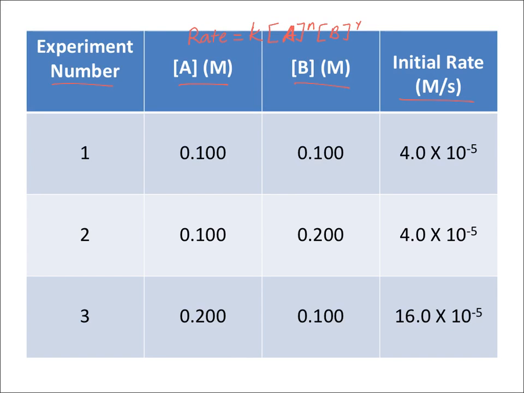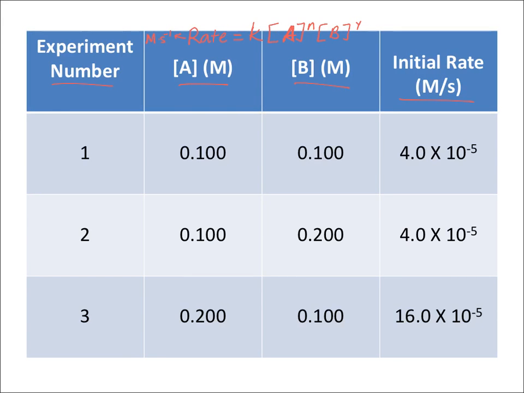The rate constant has units that you will have to either memorize or derive. It's based off the idea that rate is equal to, the unit is molarity times second to the negative first power.